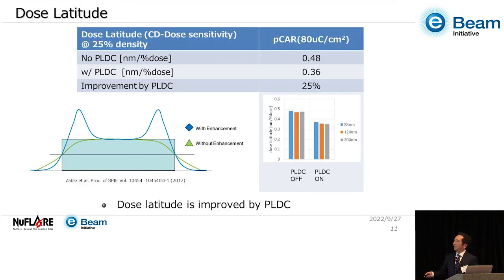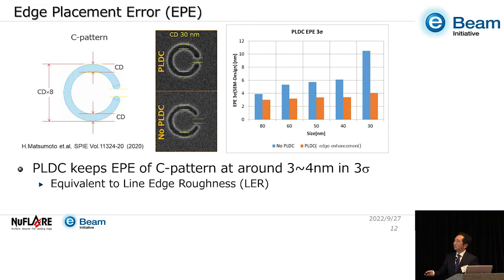we worked on this C pattern and evaluated it with and without PLDC, and compared the edge placement error against the width of the C. Without PLDC, the edge placement error gets worse as the size of the C shrinks.